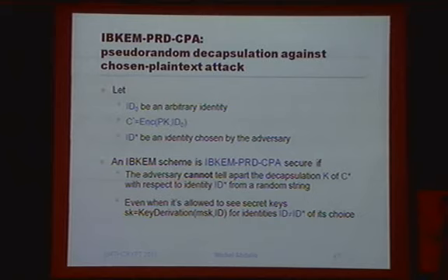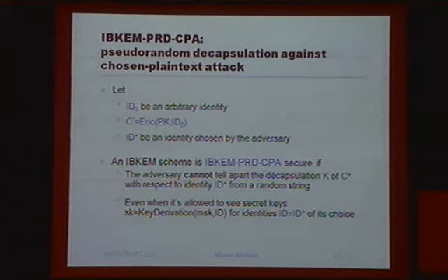It just means exactly that. If I decrypt a ciphertext, even if it was not intended for me, the value that I get should look random. And this should hold even if I get secret keys for identities other than ID star.